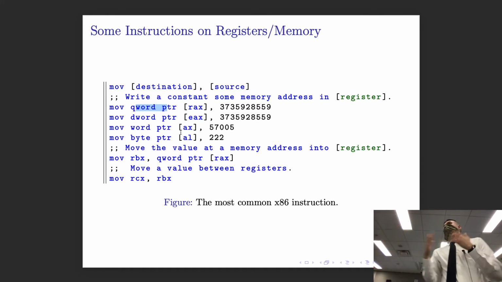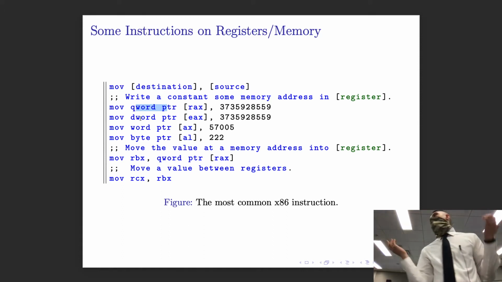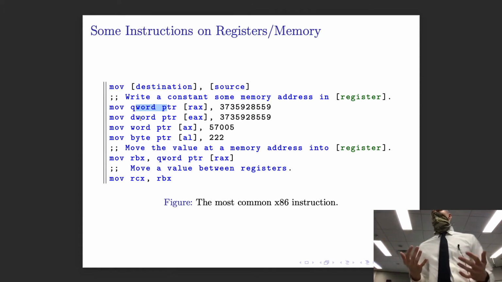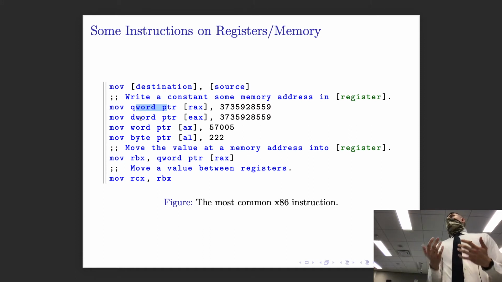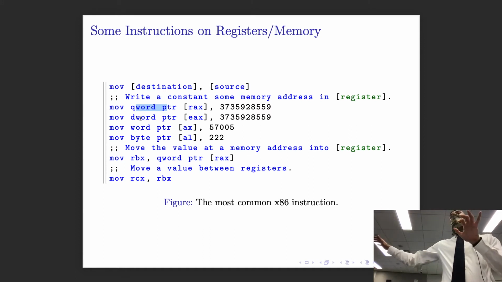But the bottom line is that the word for a 64-bit value in x86 assembly is qword. Qword stands for quad word, because 4 times 16 gets you to 64. If you want to refer to a 32-bit value, that's dword, as in double word, because 2 times 16. Word is 16, I just explained that, but there's also byte, which is 8-bit. So what the keyword is saying is how big the value is that you're writing.